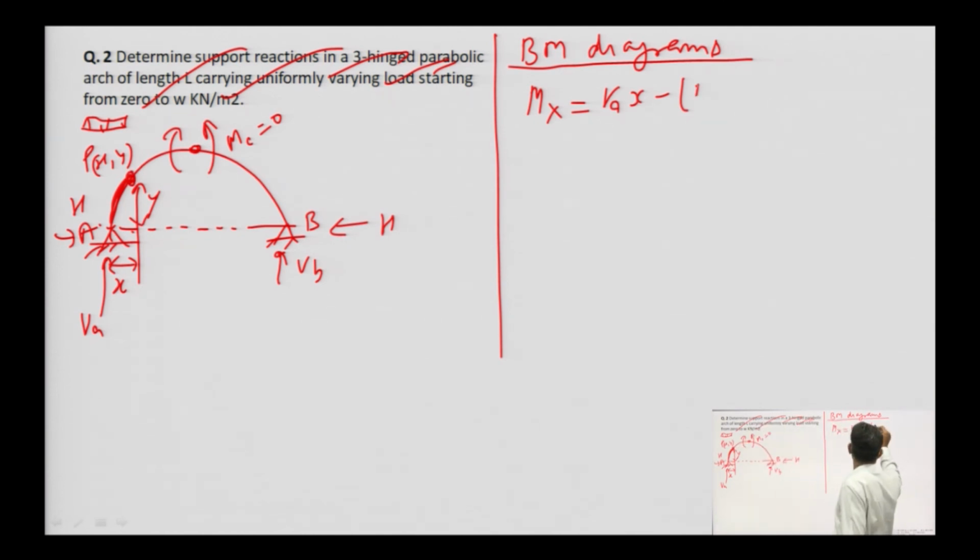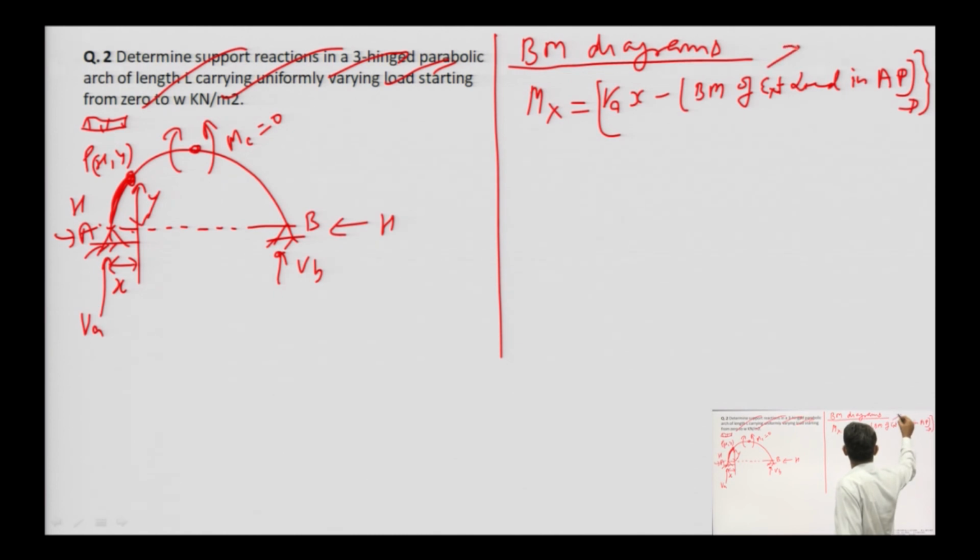So, this is the bending moment due to the external load in the AP segment about point P. What is it?